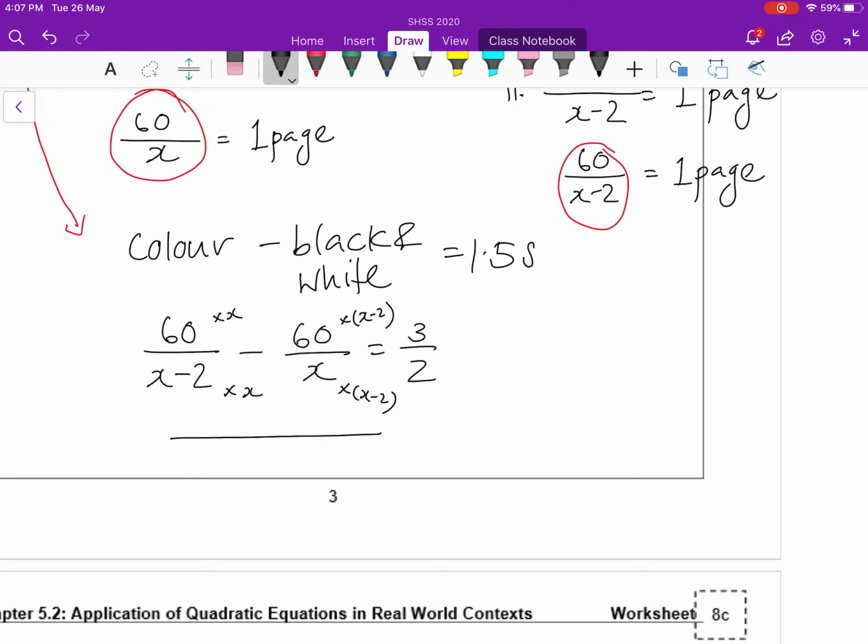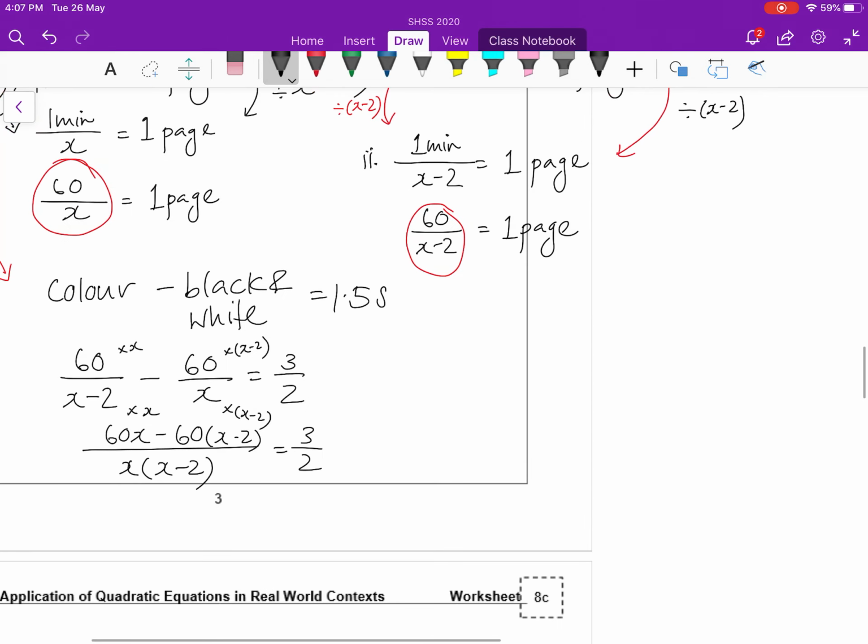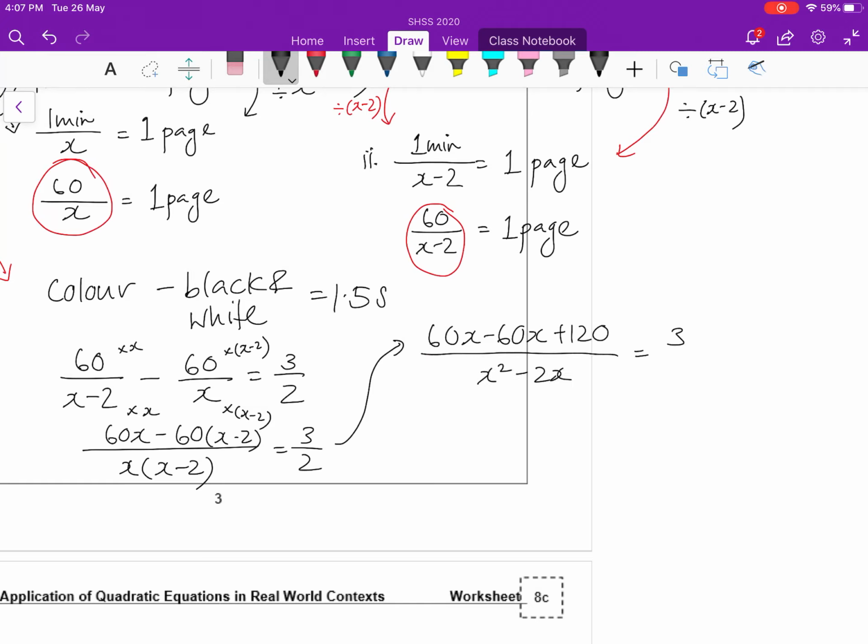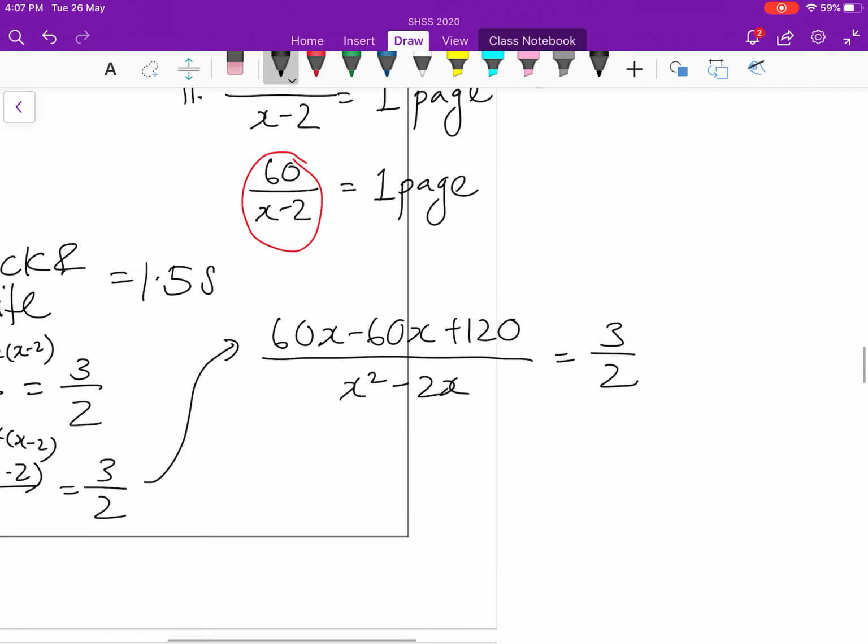Join together, you get 60x minus 60 times x minus 2, over x times x minus 2, equals 3 over 2. From here, expand: 60x minus 60x plus 120 over x squared minus 2x equals 3 over 2. From here, cross multiply.